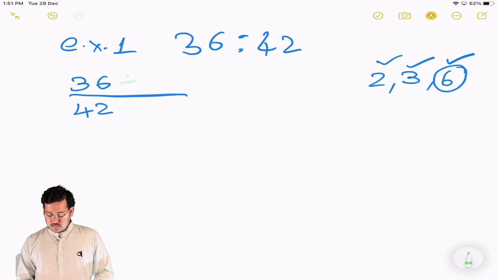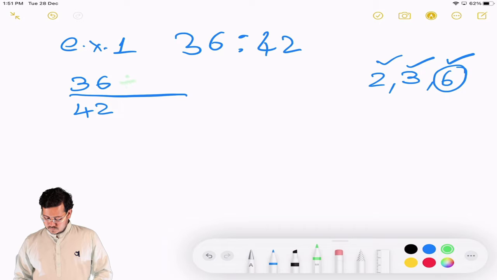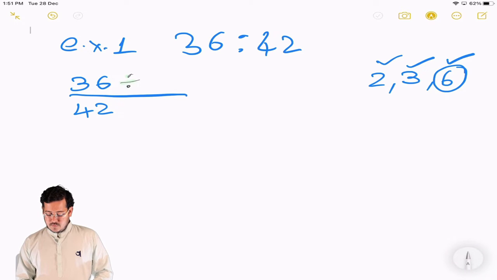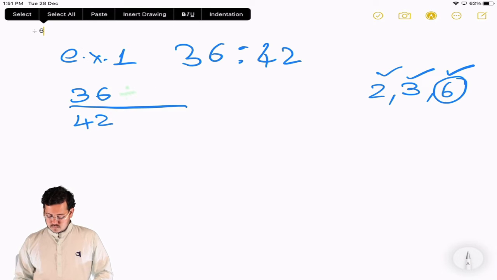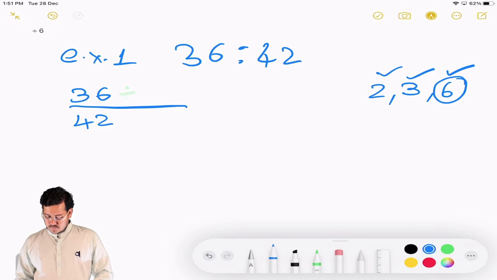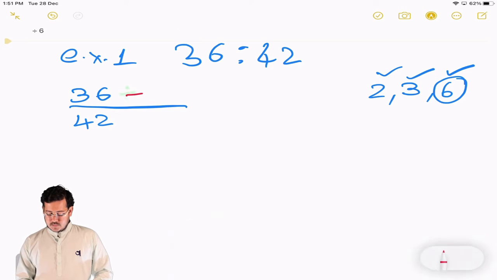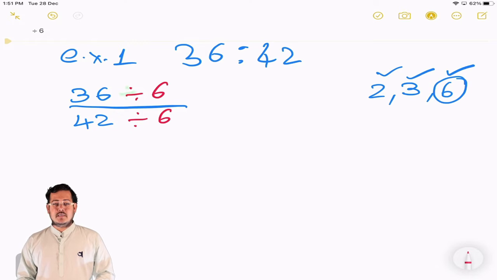So 36 divided by 6, 42 divided by 6. When I do 36 divided by 6, my answer is 6, and 42 divided by 6, my answer is 7.